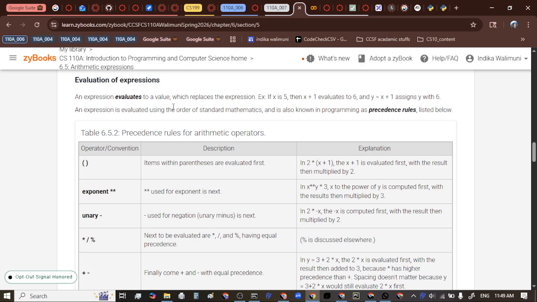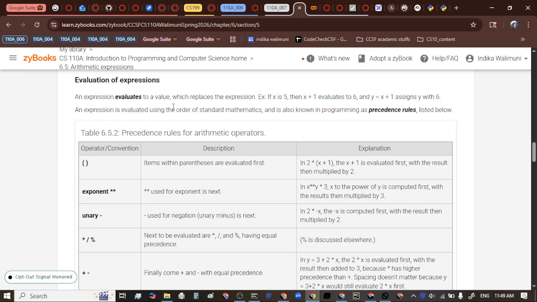In mathematics we follow a certain order when we evaluate a math expression, and in Python we follow pretty much the same rules, at least for mathematical expressions.